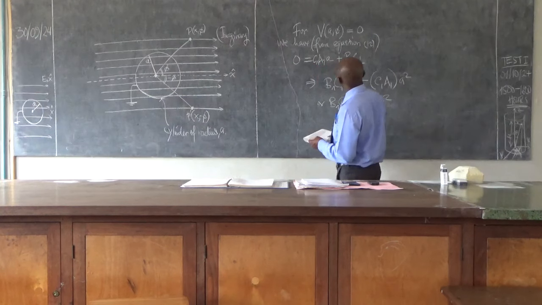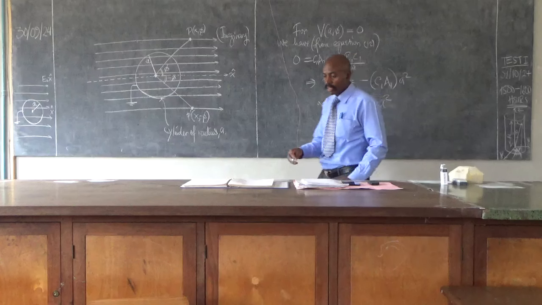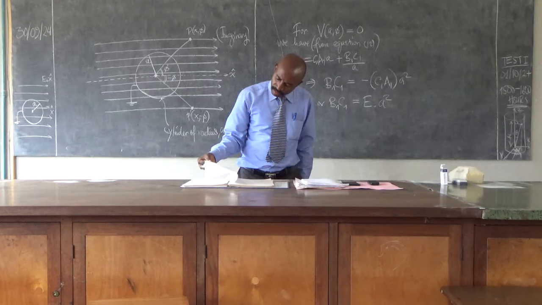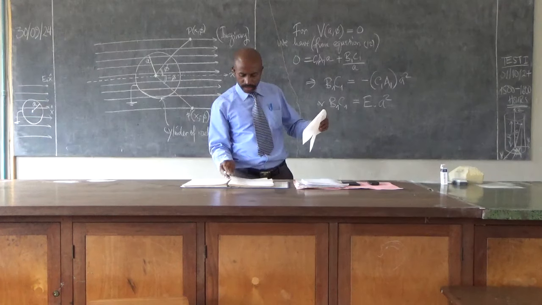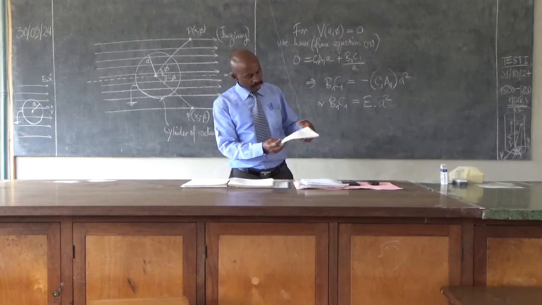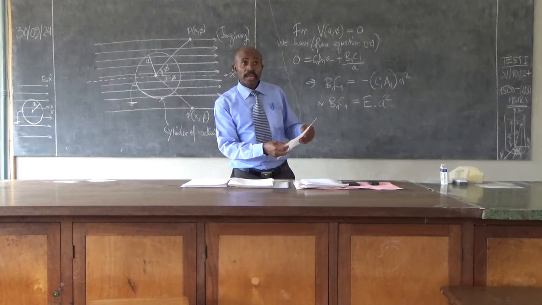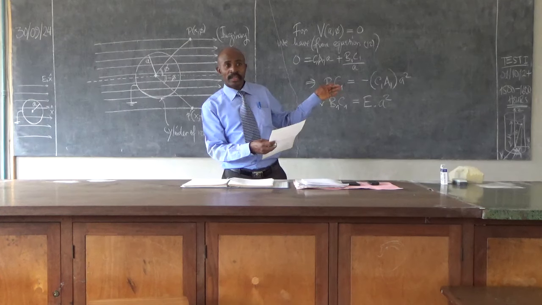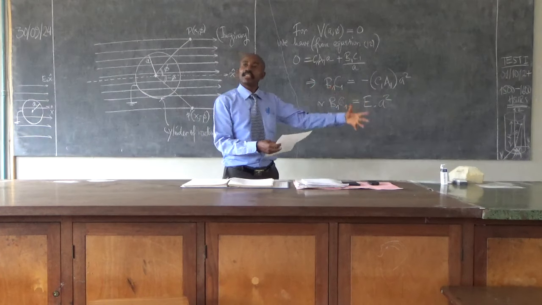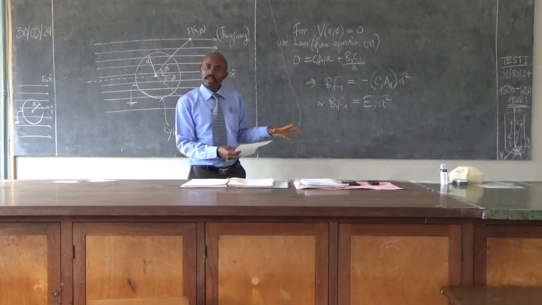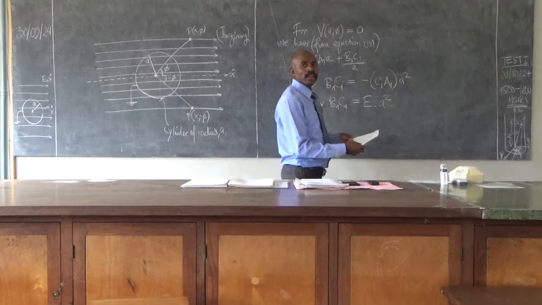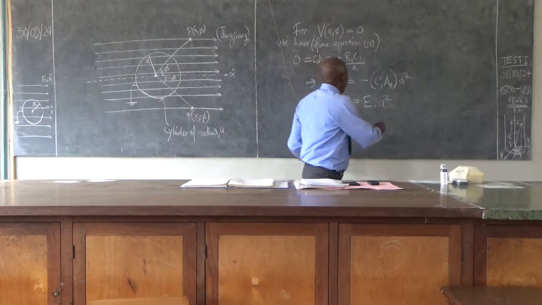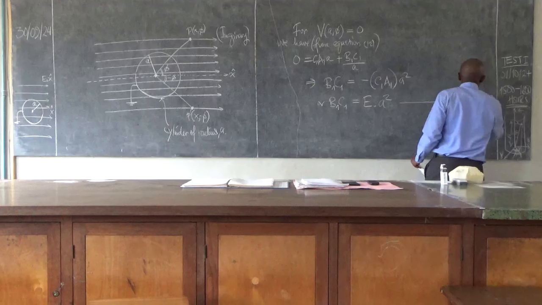The reason we did not make C1 disappear is because in the previous condition up here, we said that C1 A1 equals to minus. So that's the reason why I did not divide both sides by C1, because it can be replaced by the E naught minus. And this becomes equation 14.